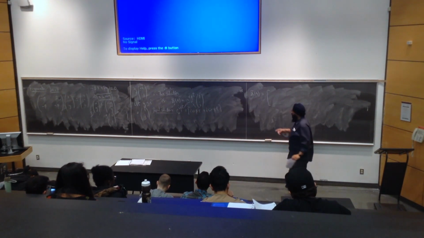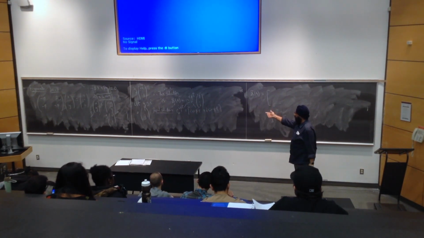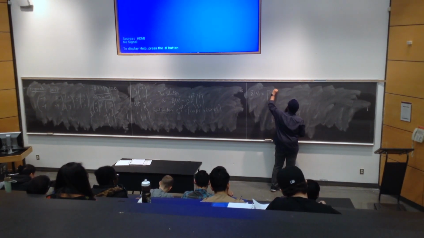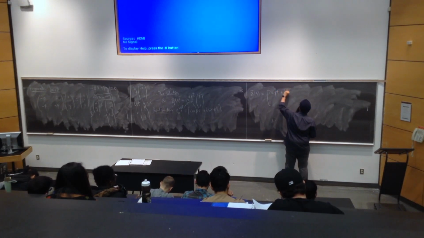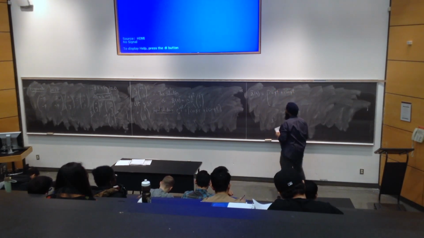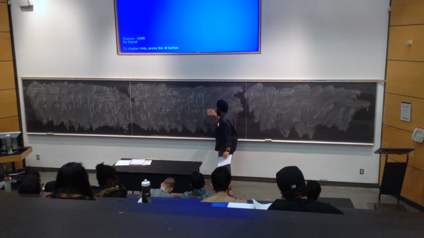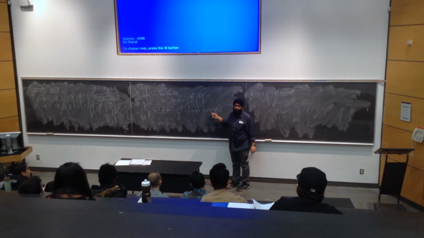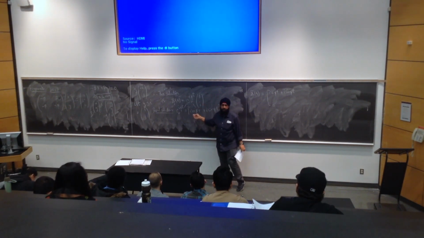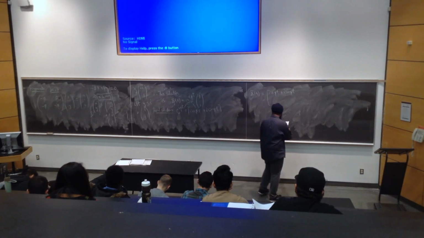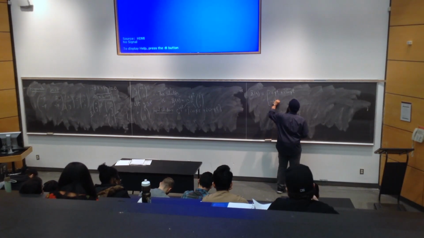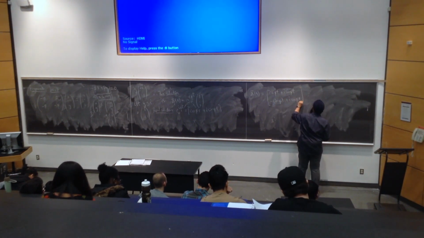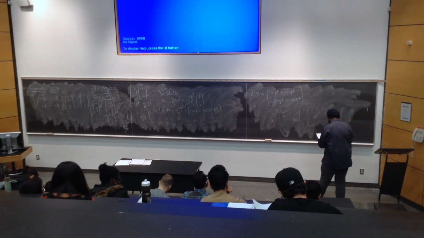If I do cos beta t plus i sine beta t times 1, I just get that number. And if I do cos beta t plus i sine beta t times i, I get i times i in here, which is minus sine beta t, and I get i times this, which is i cos beta t. So I get minus sine beta t plus i cosine beta t.